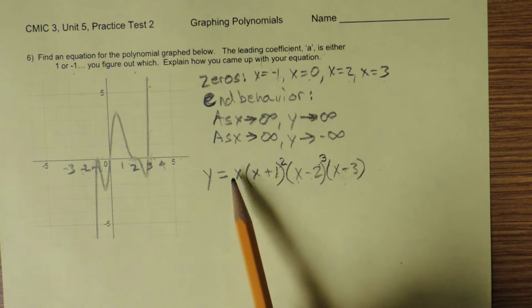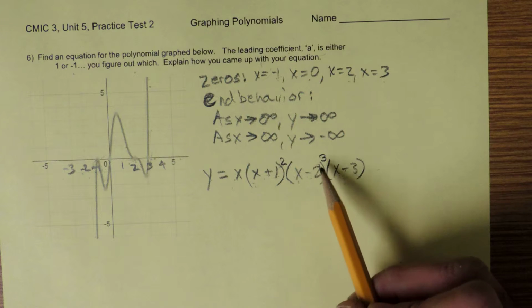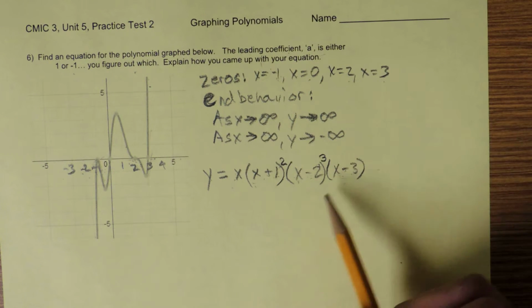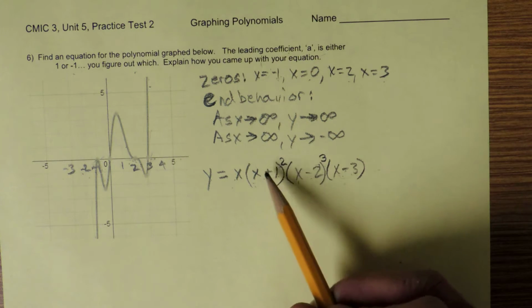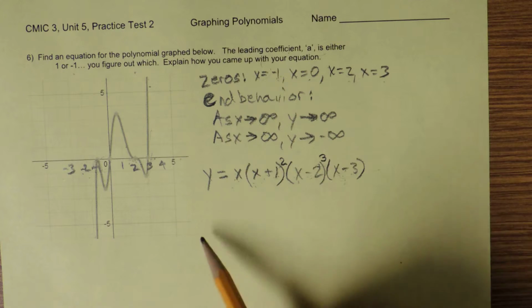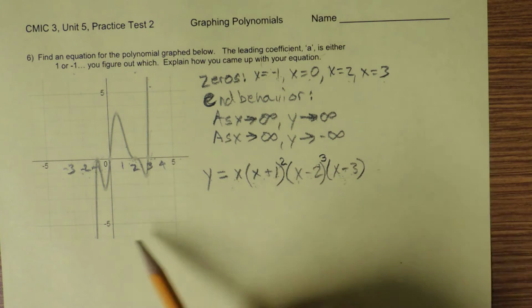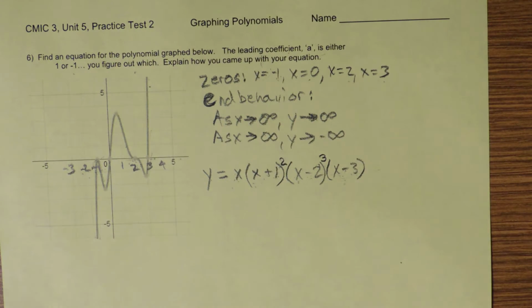And if I look at this, I have 1, 2, 3 factors, 4, 5, 6 factors, 7 factors. So I have a total of 7 factors. 3 of them are here, 2 of them are here, 5, 6, 7. If I have 7 negative numbers multiplied together, my answer is going to be negative. So I'm going down this way.